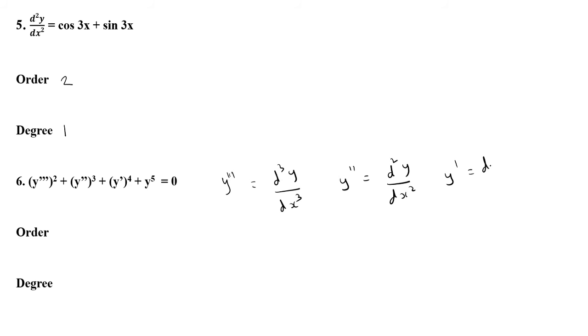Y dash is dy by dx. So the highest order derivative in this polynomial equation is y triple dash. So the order is 3. The degree to which this highest order derivative is raised is 2. So the degree of this equation is 2.